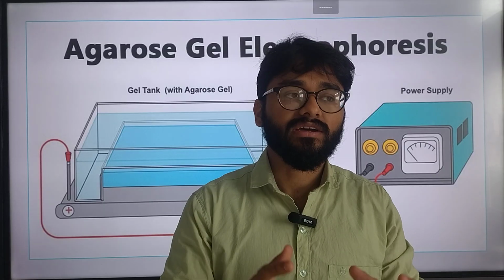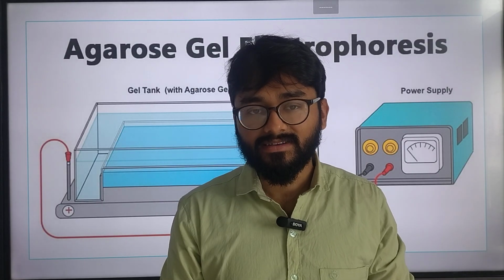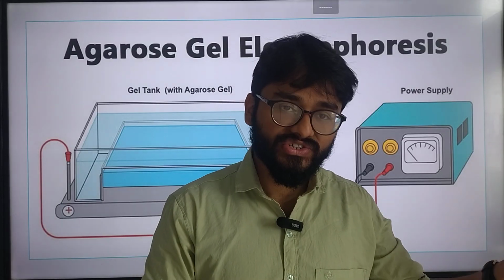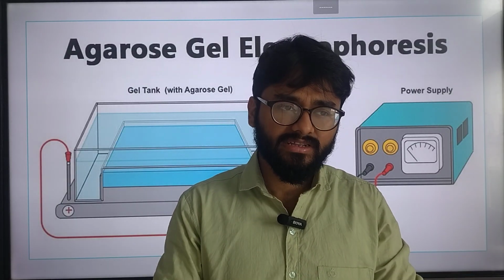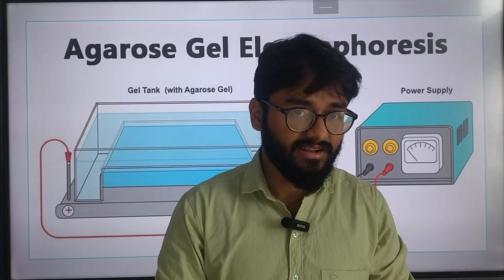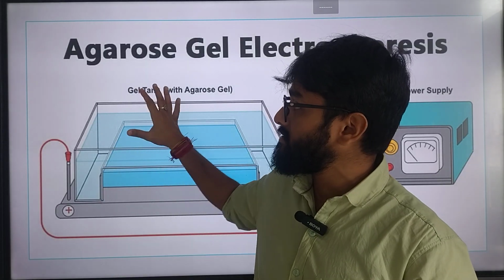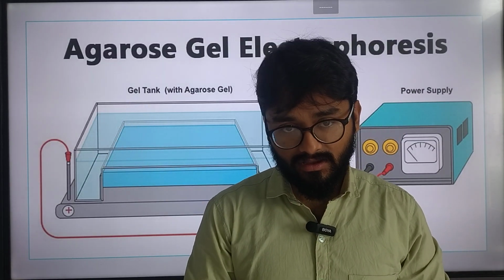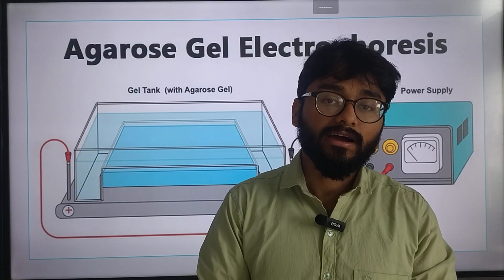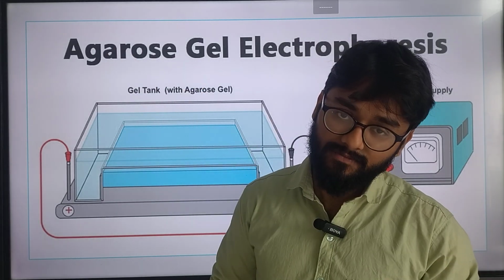When you go to higher classes, you will come to know that we add Tris-HCl, TE buffer, that is Tris-EDTA buffer, and many other things to mix it and make the medium on which gel electrophoresis takes place. This is the entirety of agarose-based gel electrophoresis.